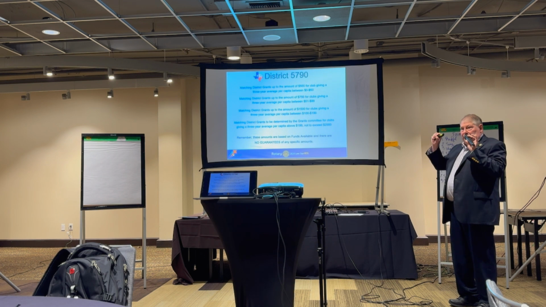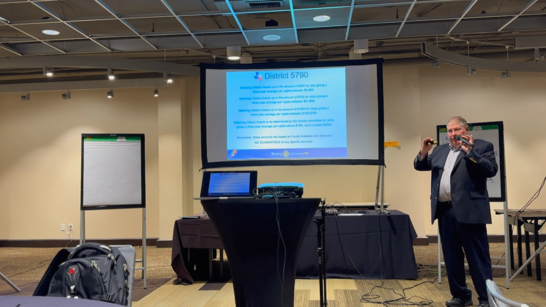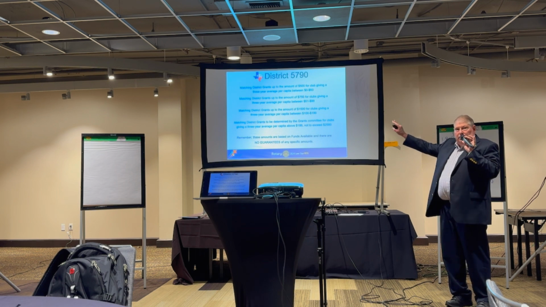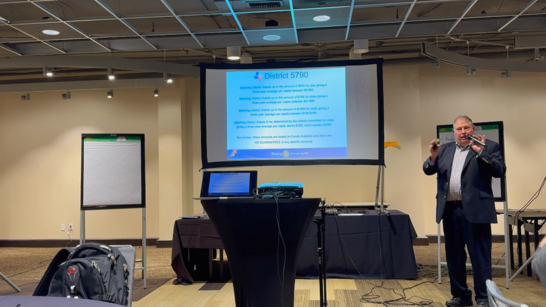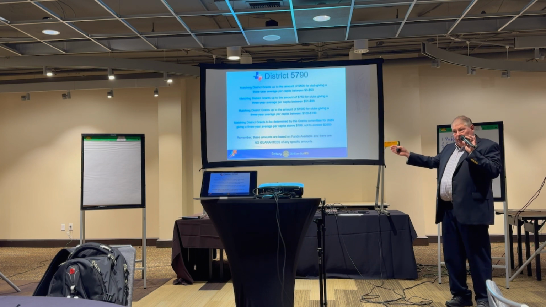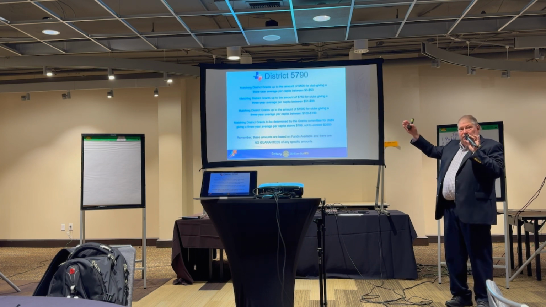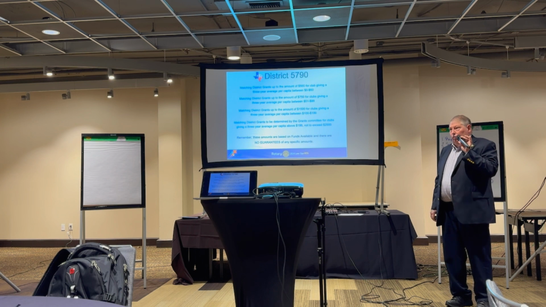If you're allotted 1,000 and you request 1,000 or less, you don't have to worry about this. But if you're allotted 1,000 and you request 1,500, then this is going to come into play, because this is going to determine the maximum amount of overage we'll even look at, period.